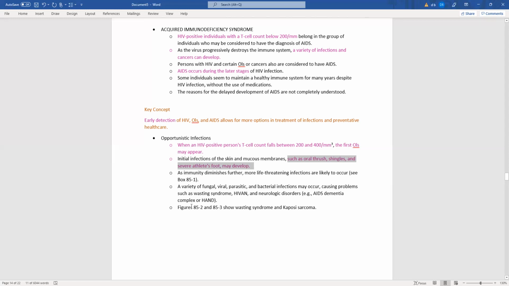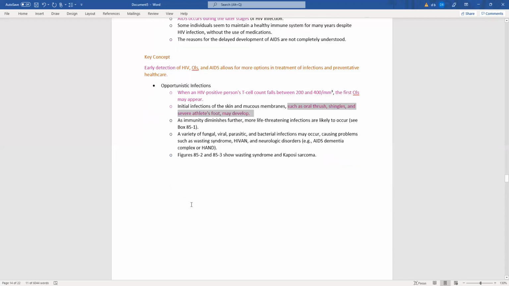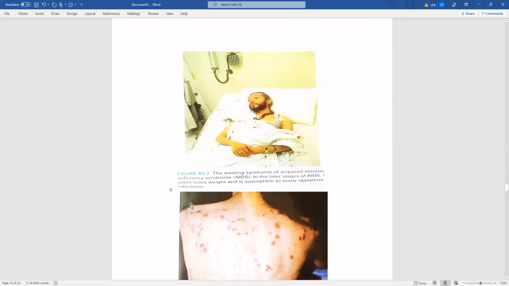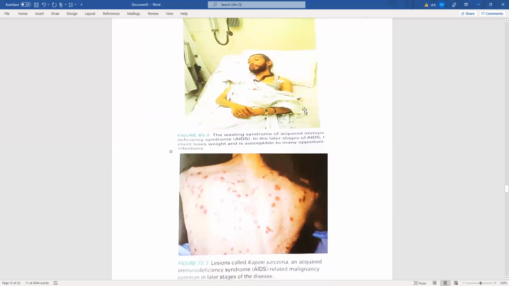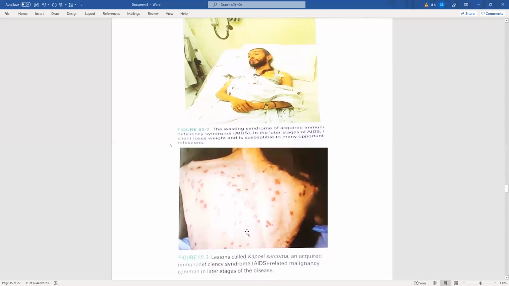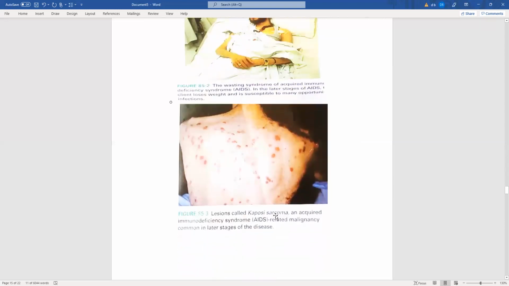Now in figures 85-2 and 85-3, let me see what page that's on. These folks right here: wasting syndrome. He has wasting syndrome, he's losing a lot of weight, and he has Kaposi sarcoma lesions all over him.